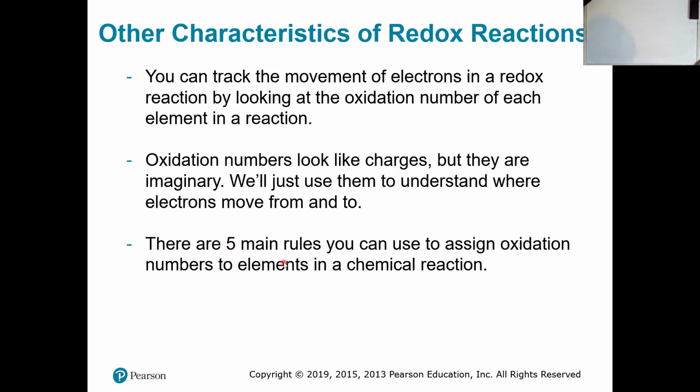And there are 5 rules that we can use to assign oxidation numbers to elements in a reaction. If we take the time to use these rules, we'll never have to guess whether oxidation or reduction has happened or where it's happened, because we'll be able to see the change in number, and that change will tell us what is being oxidized and what is being reduced.